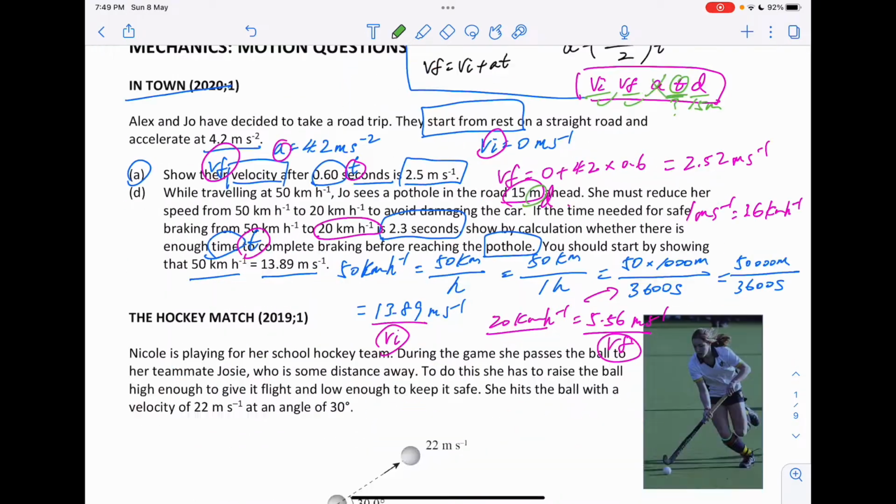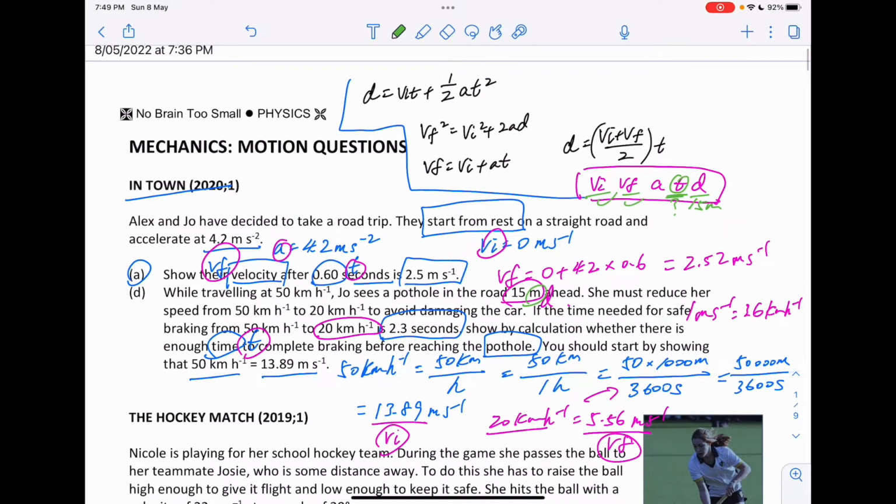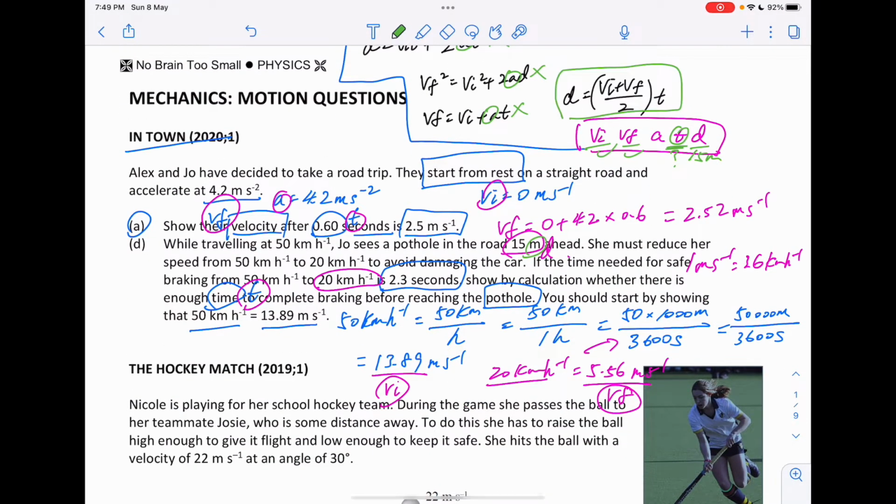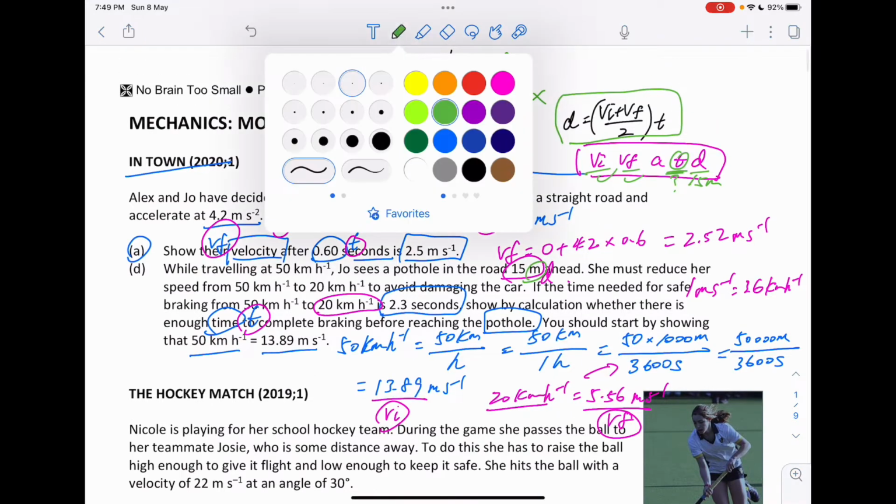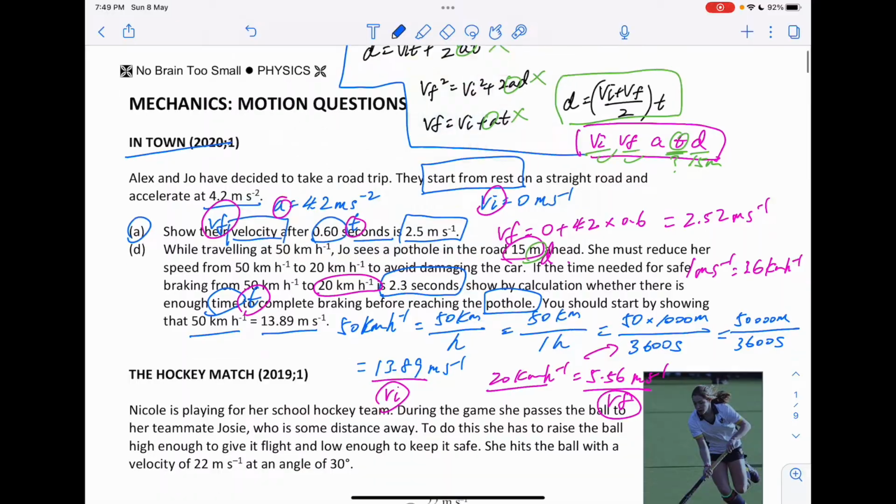So go back to the kinematic equations. We don't need A. There's A. No. A. No. A. No. Okay. So now we're going to use this one. We're going to substitute all the values we have in this case, and we're going to calculate what the time is. Right?